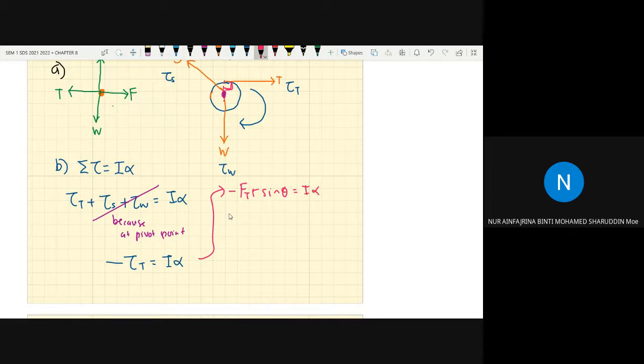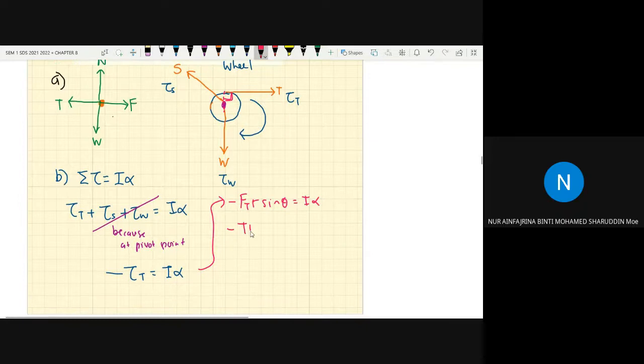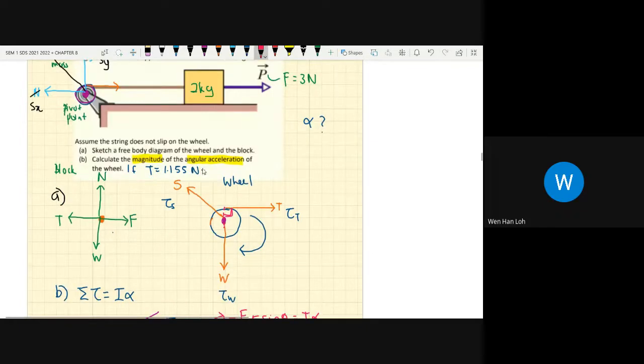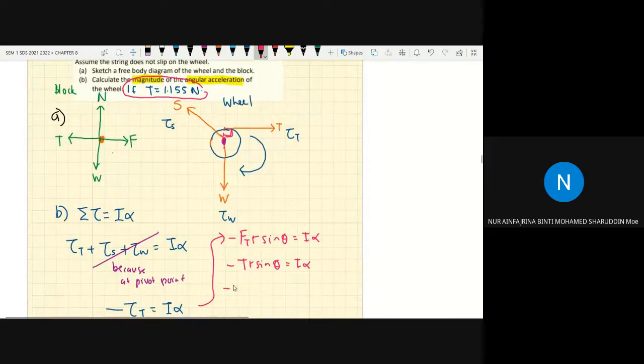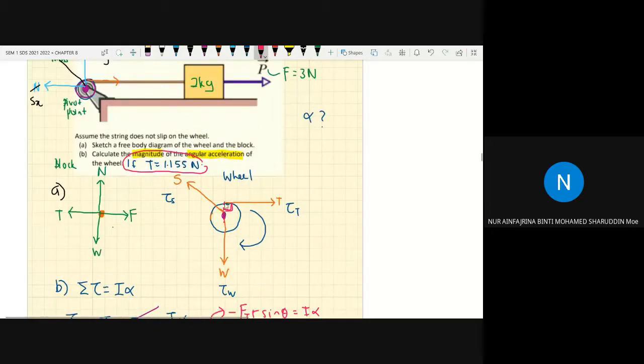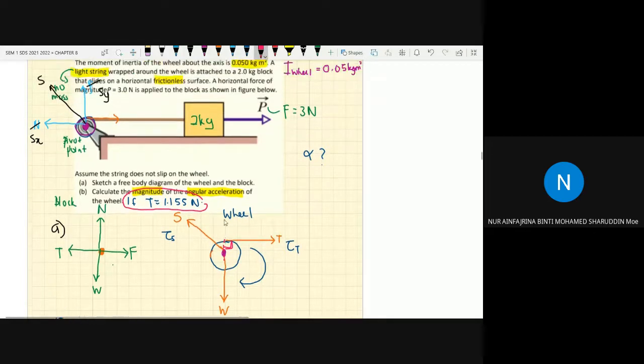Okay, is the tension given or not? Have I given the tension? I added it, yes. So the tension is 1.155. Negative 1.155. What is R? What is the distance from this tension force to the rotation axis? 0.2.